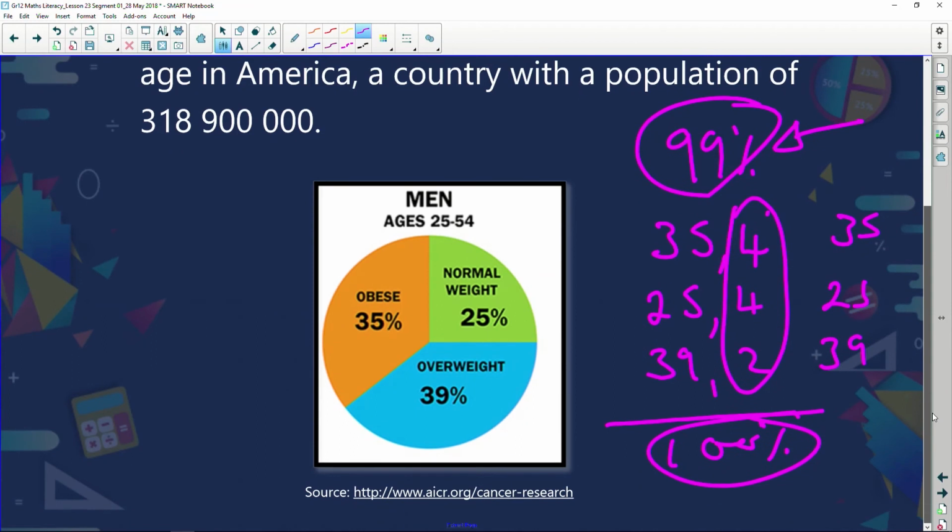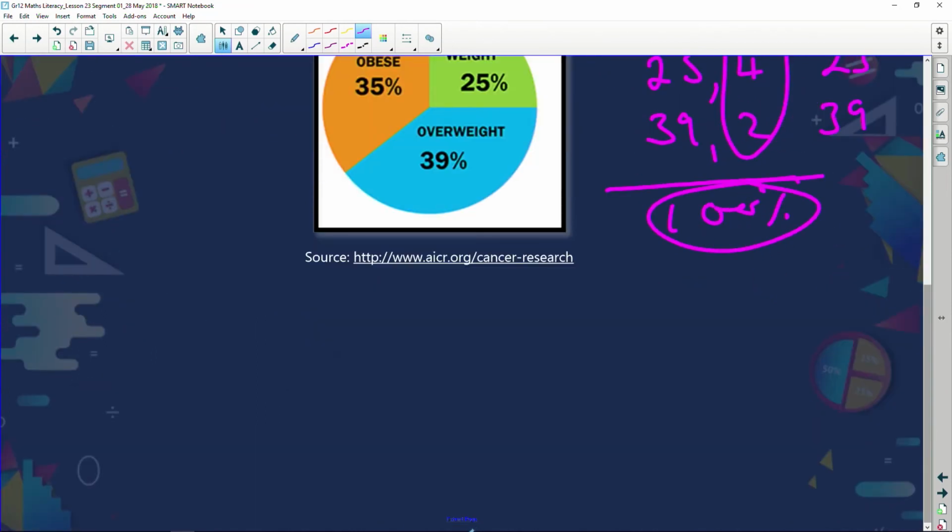Okay, now our question is this: how many men are not of normal weight? Well, your examiner would have to accept two answers. One, you could say, well, 100% makes up a pie, minus the 25% means there's 75% that are not of normal weight.